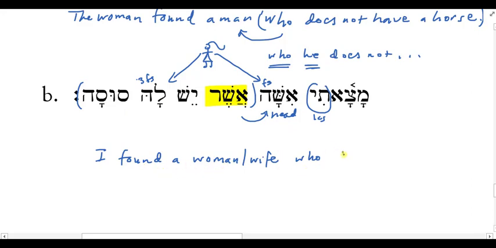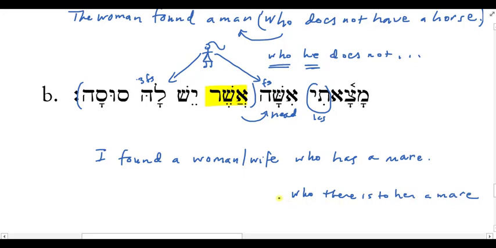So I'm going to translate that as I found a woman who has a "susa," a mare. That's right. There you go. If we wanted to translate this literally and use the "there is, there are," it would be I found a woman who there is to her a mare.